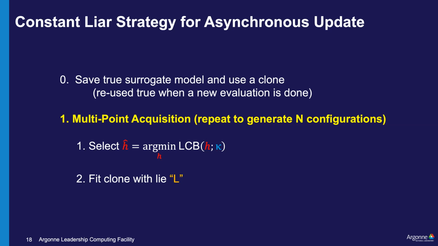And each time you sample, afterward you will refit the model with a lie. This lie can be the value of the best configuration so far, the worst, or the mean. You have different strategies. By default, in DeepHyper, we use the mean, so the best so far. Therefore, we favor exploitation.